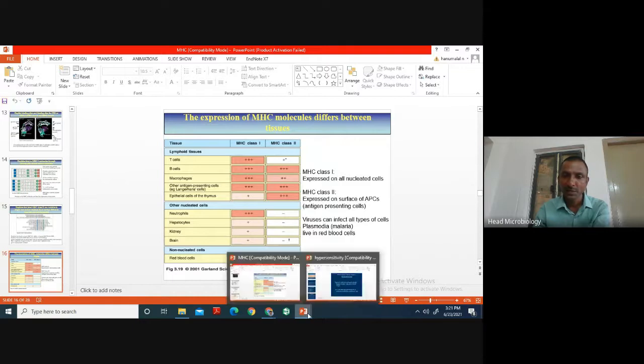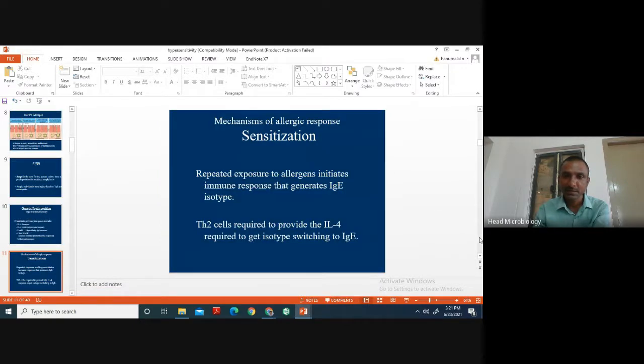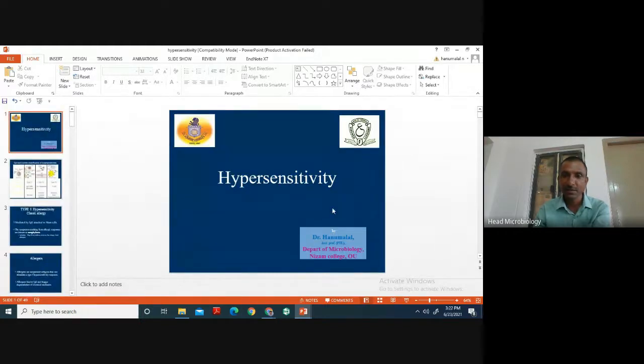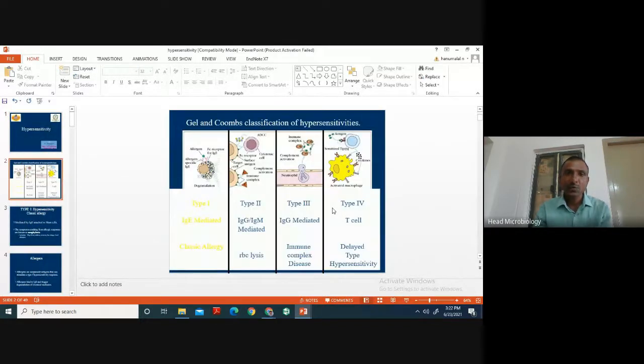Then I will continue the next session, that is hypersensitivity. According to the Gell and Coombs classification of hypersensitivity, there are different classes. Who classified the hypersensitivity? Anyone respond?